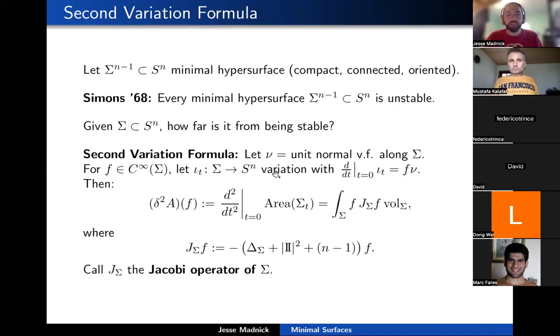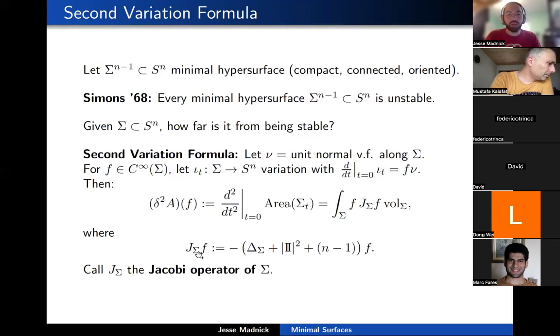Okay, so I'm going to consider variations that are normal. When I have a normal variation, the variation vector field is f times nu for some function f on sigma. Then it turns out that the second variation of area is given by this integral. It's the integral of f times the Jacobi operator of sigma, where now when I say Jacobi operator, I mean the Jacobi operator acting on functions on sigma, again, because of this identification between the normal bundle and the trivial line bundle.